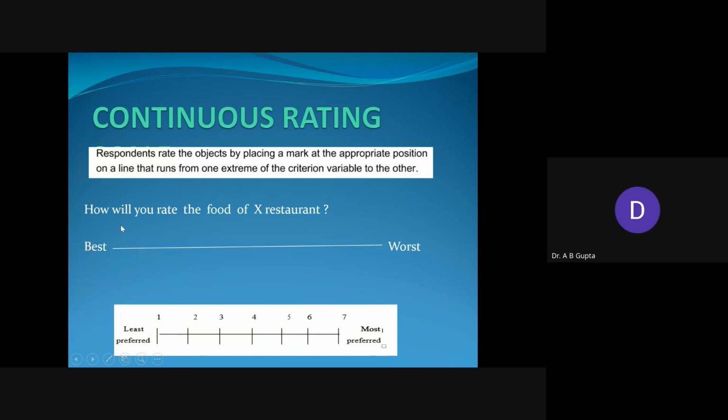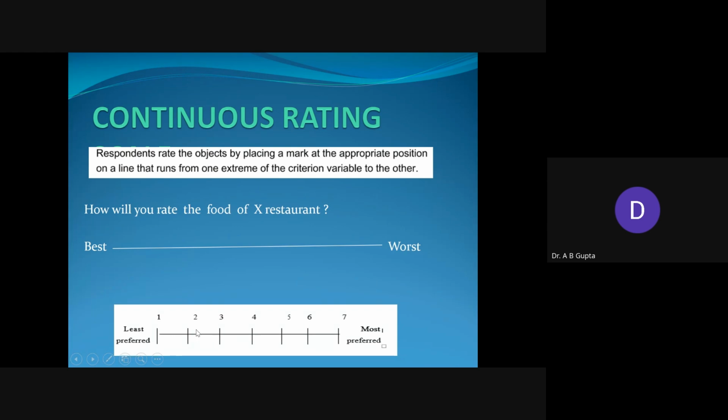If you want to put here, that means food is best. If you want to put on the worst, you are putting the tick here. But all the time it is not best or worst. Sometimes it is in between. So depending on whether your preference is towards a good food or very good or best, you are ticking somewhere here, and if the food quality is not good, you are ticking somewhere here. So it is up to you where you want to tick.